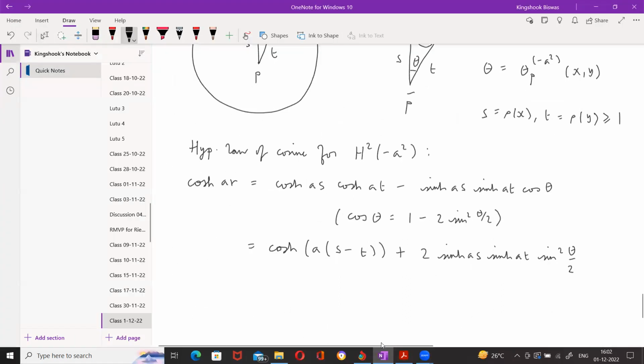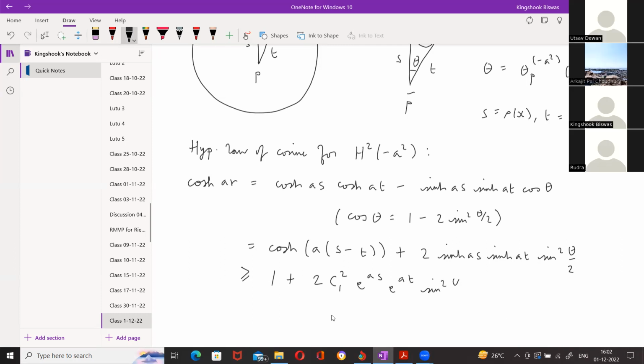This is greater than or equal to 1 plus 2 constant squared e to the AS e to the AT sine squared theta by 2. And here, mod S minus T, by the triangle inequality, is less than or equal to the distance between x and y, which is less than or equal to 2.